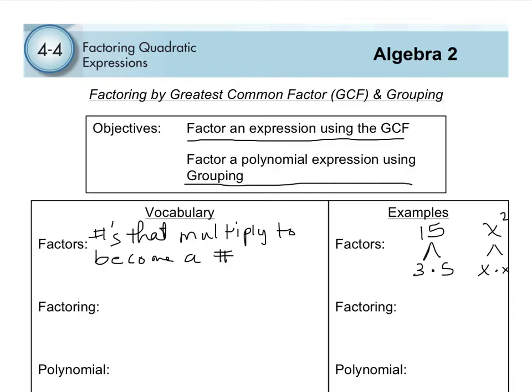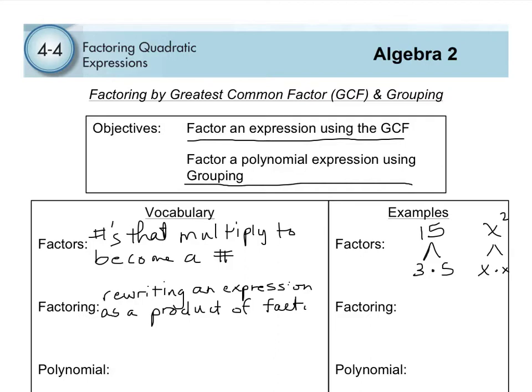Okay, second vocabulary word is factoring. This is rewriting an expression as a product of factors.